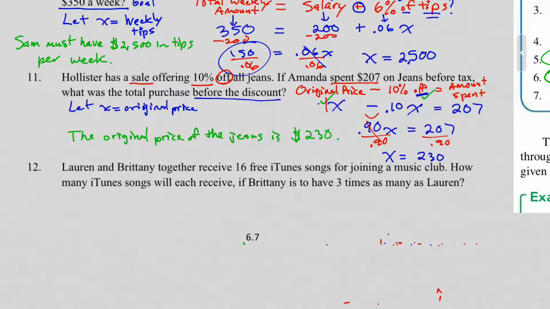It's a sentence. The original price of the jeans is $230. We've got to get away from just throwing numbers and x's around and saying that you're done. That's just the algebra that was used as a tool to figure out this real world problem.